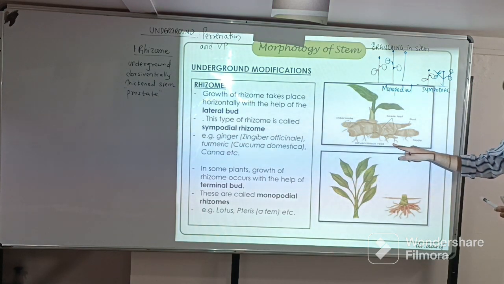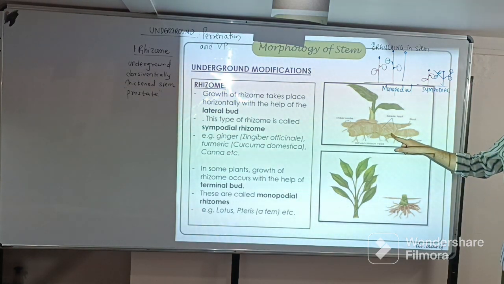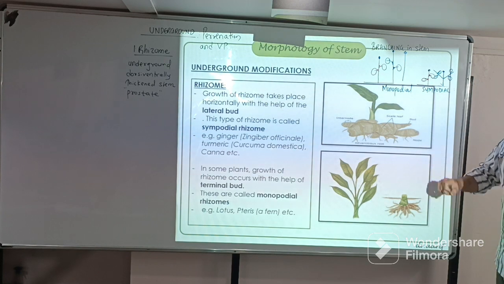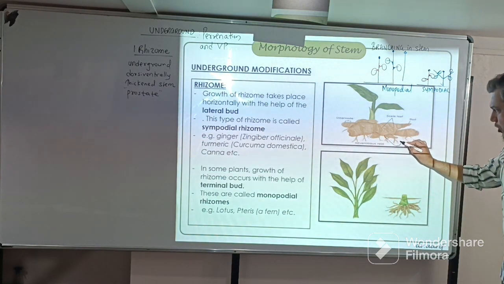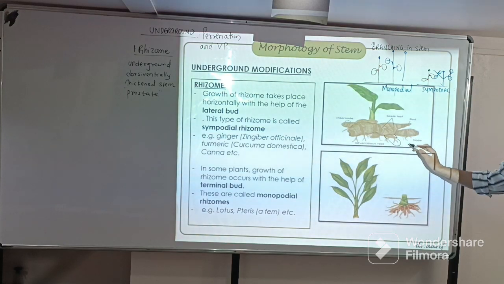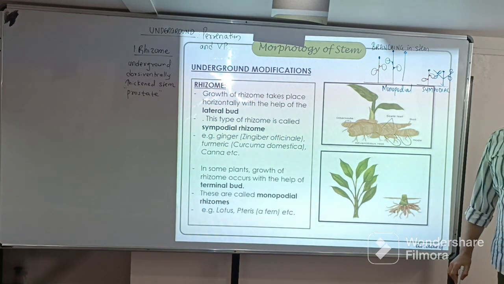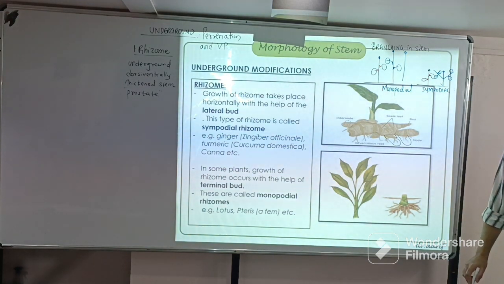And lateral branches will grow from the axillary bud. Which branches will grow? Lateral branches will grow from the axillary bud. And the size and the branching will keep on increasing.